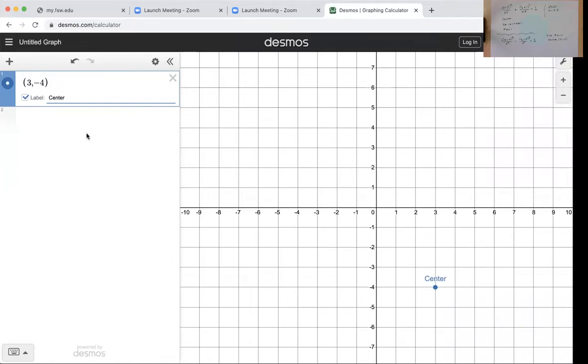That's -2, -4. There we go. That is 5 places to the left of the center. 5 places to the right of the center, 1, 2, 3, 4, 5 is 8, -4.